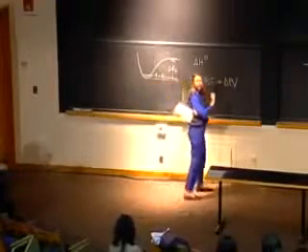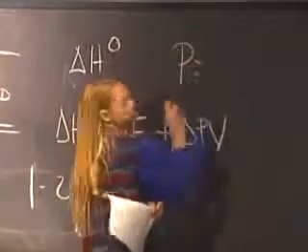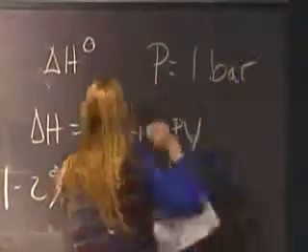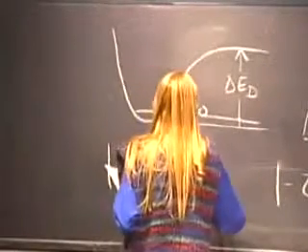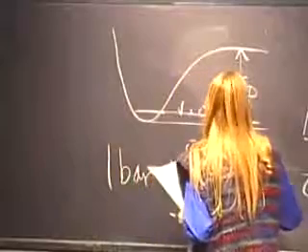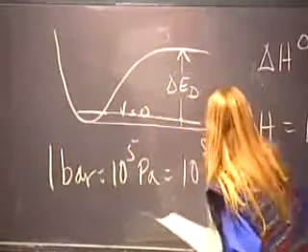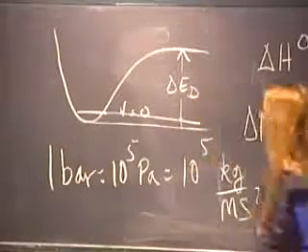Our standard state that your book uses refers to the pressure, and the pressure is 1 bar. And 1 bar is equal to 10 to the 5 pascals, which is equal to 10 to the 5 kilograms per meter second squared.